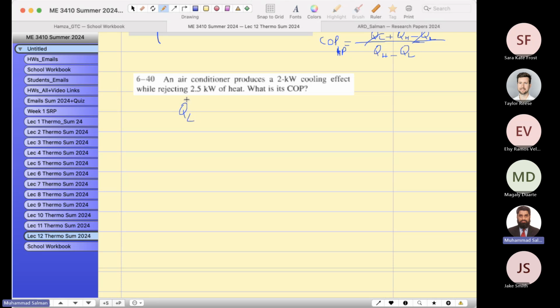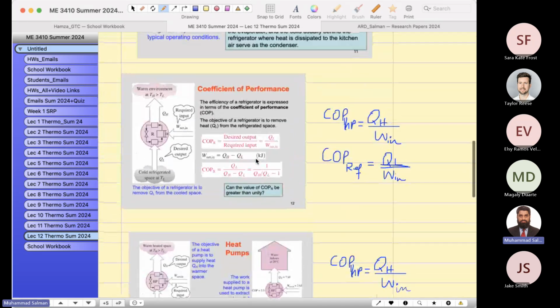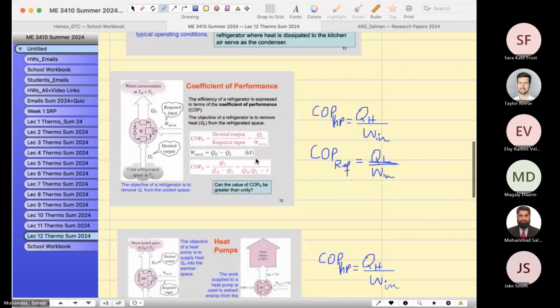So QL is 2 kilowatts of cooling while rejecting this much heat. Heat is rejected in the refrigerator through the condenser.